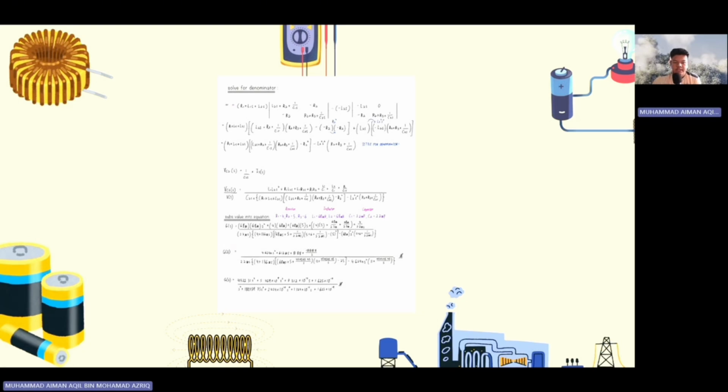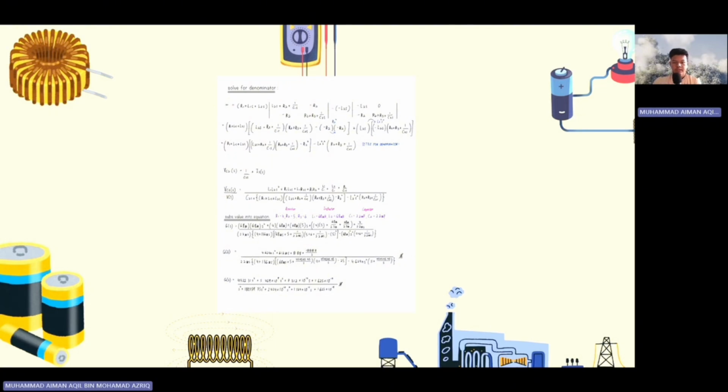So in the final phase, we substitute the variable with the actual component values assigned to group 2. We insert 4 ohms, 5 ohms, and 6 ohms for the resistors, 68 microhenries for both inductors, and 2.2 microfarads for both capacitors.